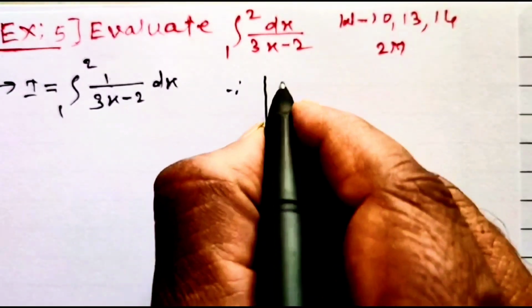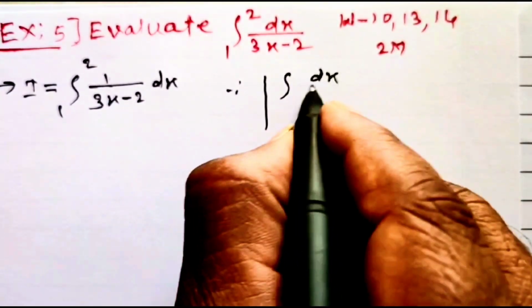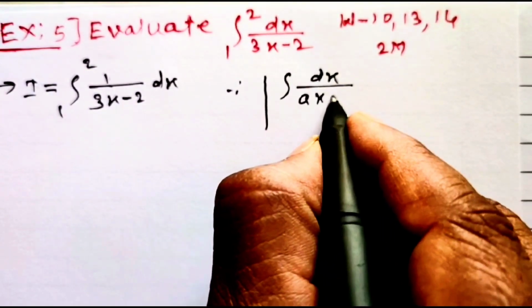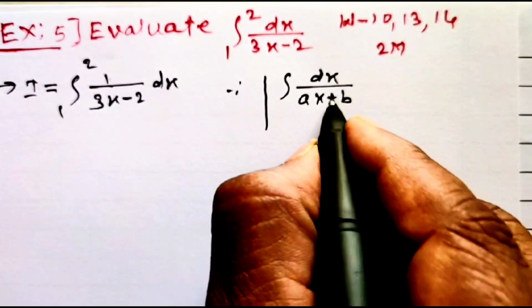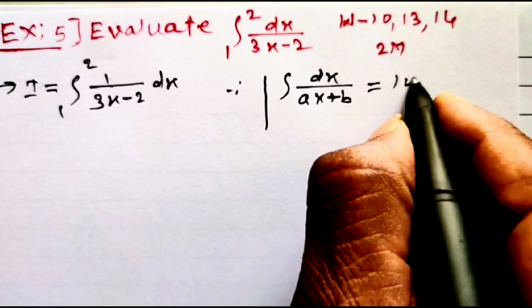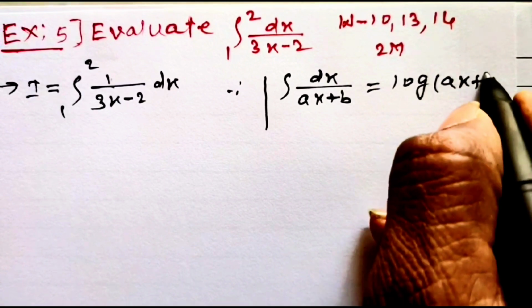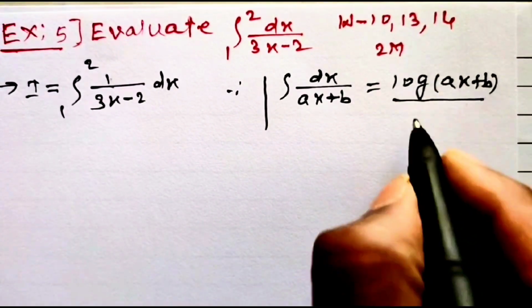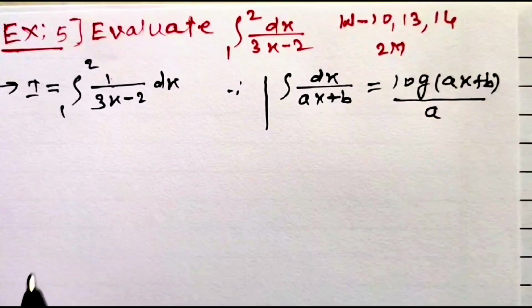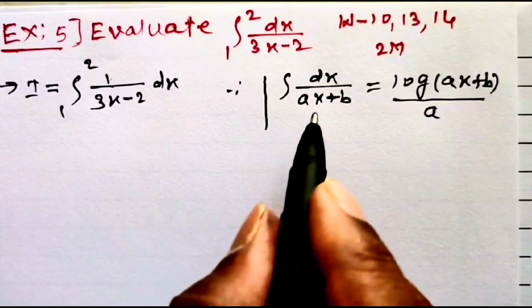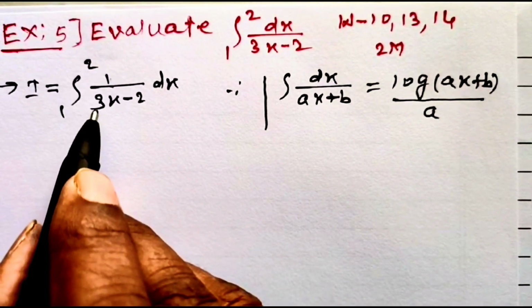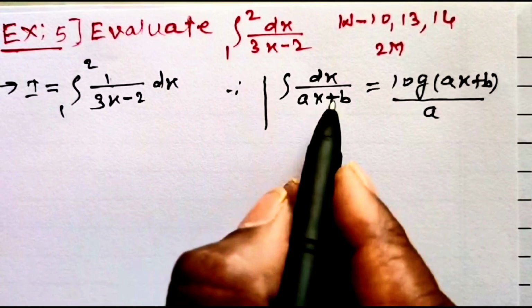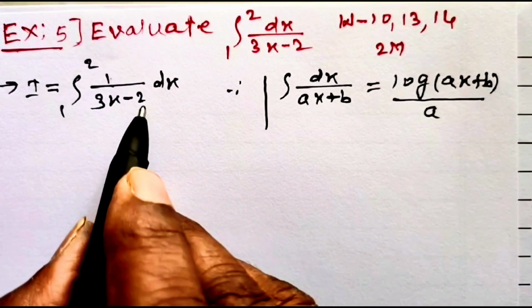Since we know the integral of dx divided by ax minus b or ax plus b is equal to the logarithm of ax plus b divided by the derivative of ax plus b, that is a. And if we compare this 3x minus 2 with ax plus b, a becomes 3, which is the coefficient of x, and b becomes minus 2, which is the constant term.